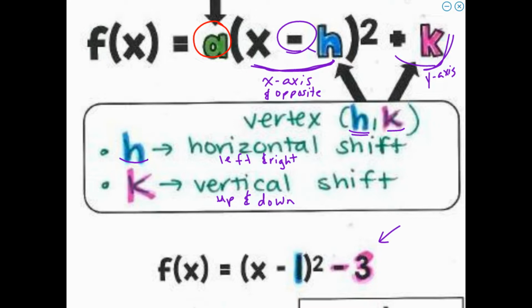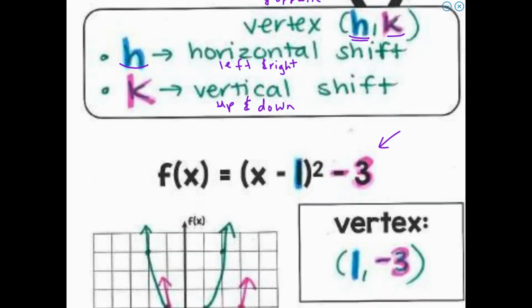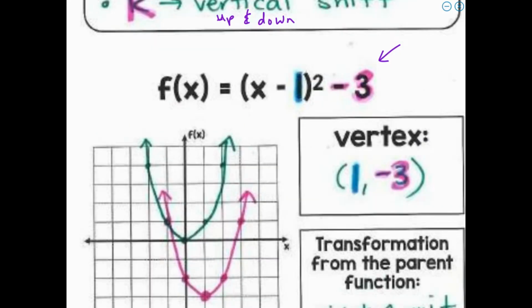That would be one of the coordinates, but the vertex is a coordinate. Not -1. Why? Because it's the opposite, because it's inside the parentheses. So it's 1 and -3. Okay?